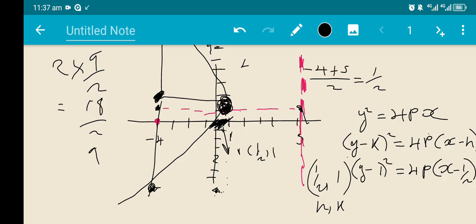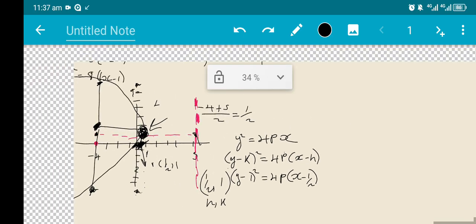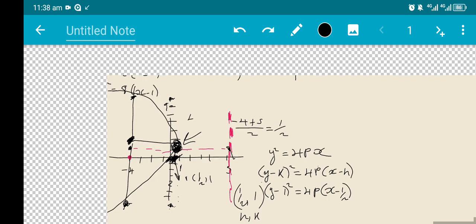So, starting from here, which is at half, going to the right, it is half plus 4, because it is located at half here.